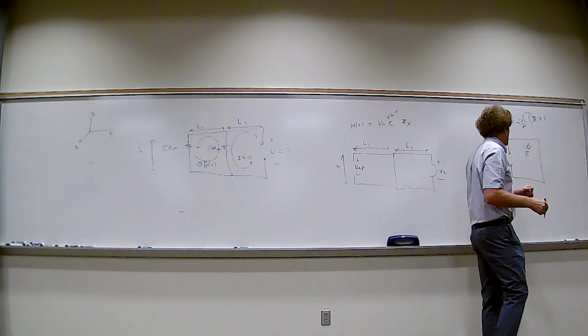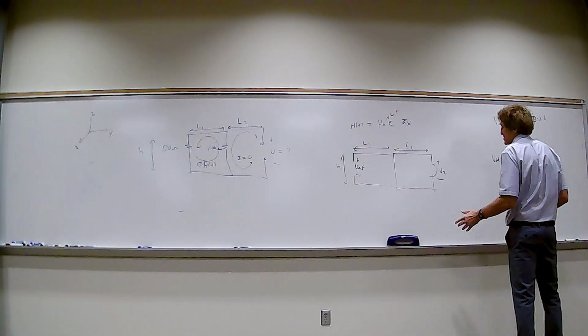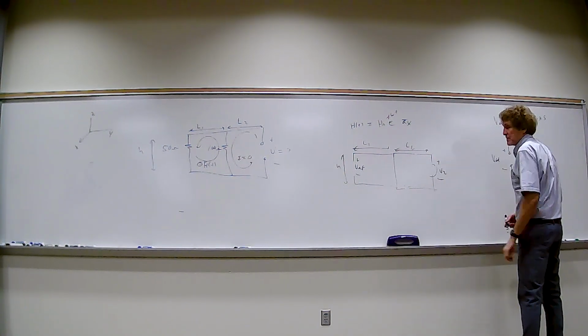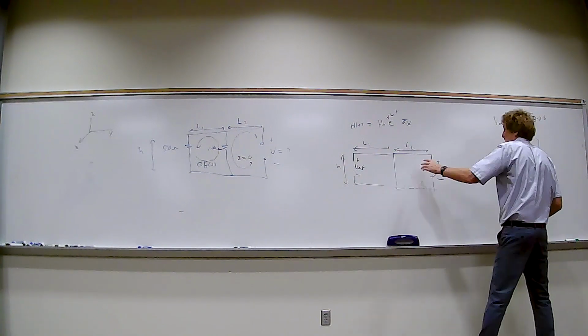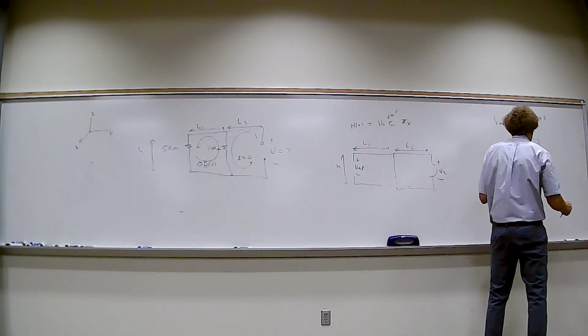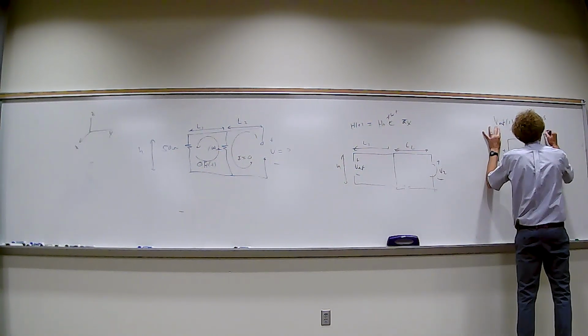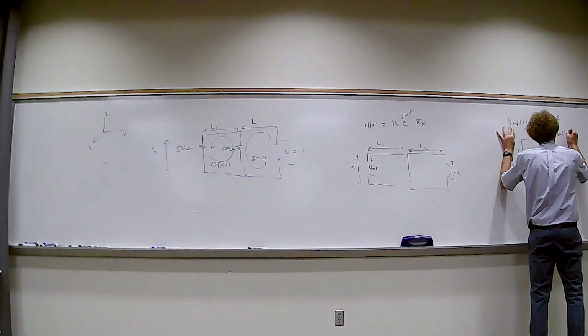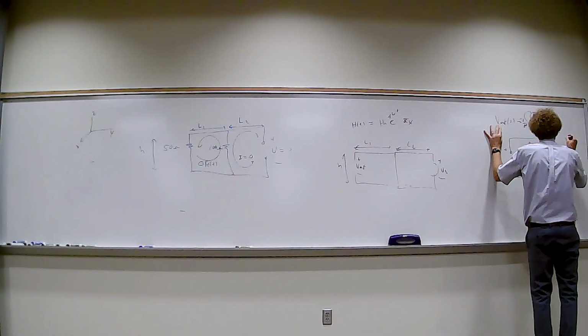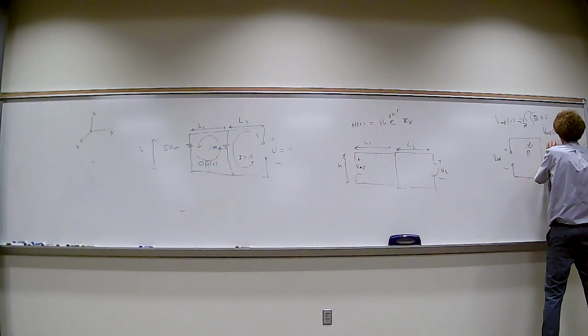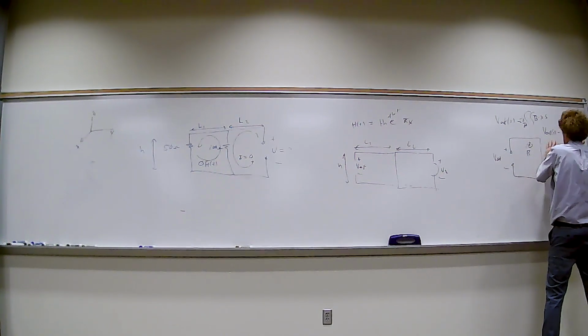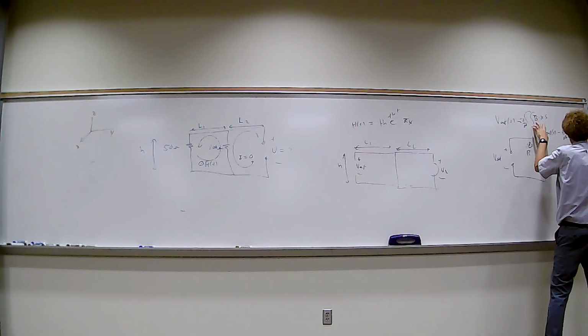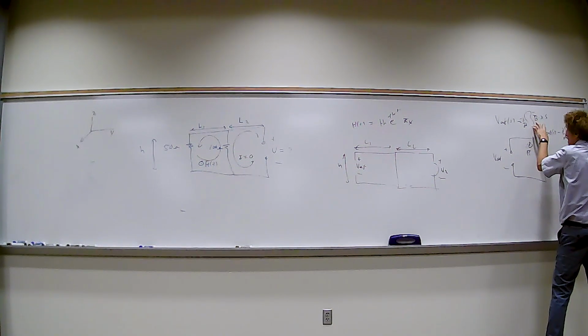So really, since the B field doesn't change anywhere spatially, V EMF here as a function of time will be minus, and there is a time derivative that I'm going to do in a second, B dot ds. Well, that would be mu 0 times my H field, H naught, times e to the j omega t.